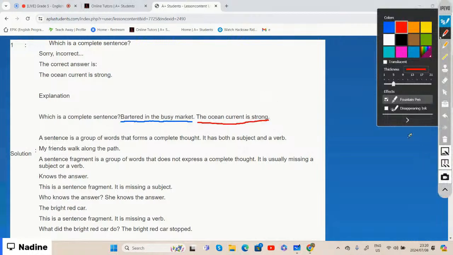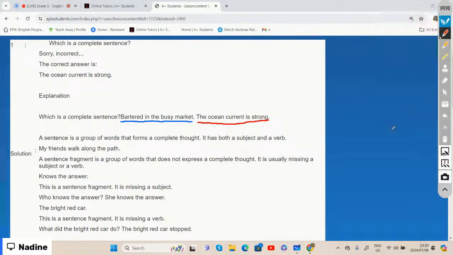If you look at those two sentences that are underlined in blue and underlined in red, right? Which is a complete sentence? Is it the sentence that says parted in the busy market, or the ocean current is strong?